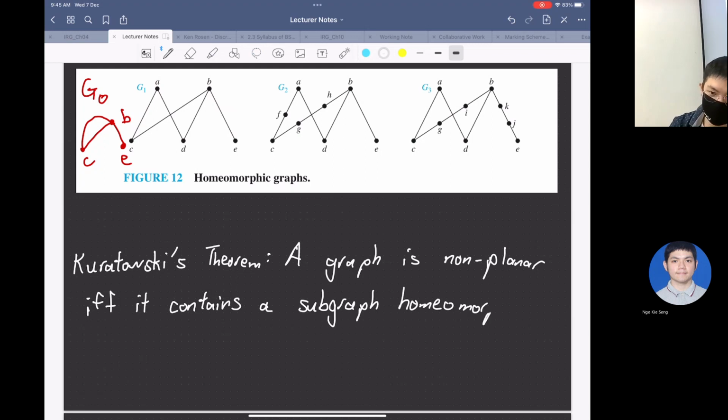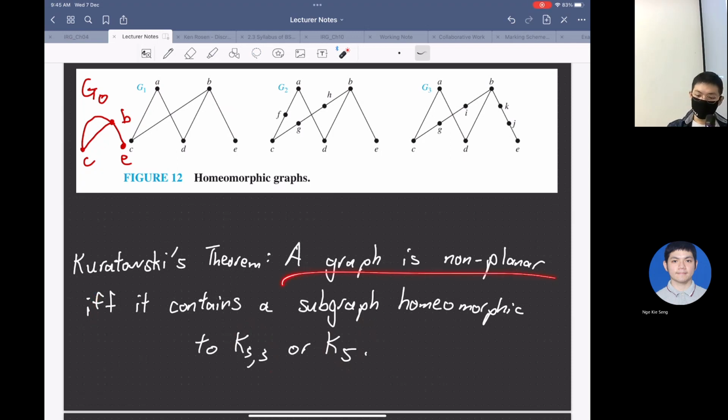Now if it is homeomorphic to K33 or K5. Just now we showed that K33 and K5 are non-planar. So if and only if means if your graph is non-planar, then it must contain a subgraph that is homeomorphic to K33 or K5. And if you find that your graph has a subgraph which is homeomorphic to K33 or K5, your graph must be non-planar. So this becomes the sole condition to check whether your graph is non-planar.